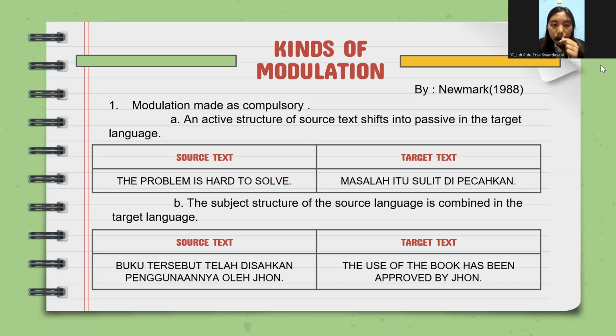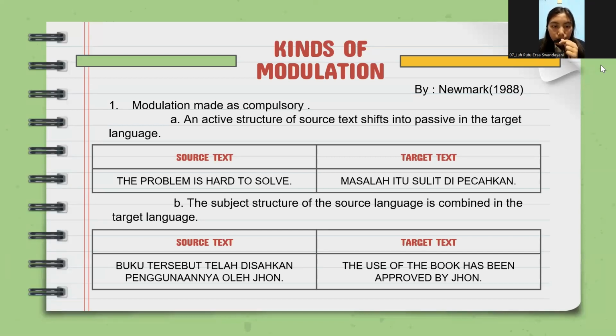Modulation made as compulsory has two types, namely, number one, an active structure of the source text shifts into passive in the target language. For example, in the source text, "the problem is hard to solve." In the target text is "masalah itu sulit dipecahkan."